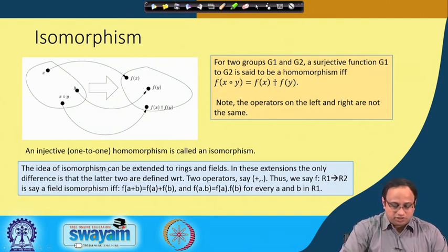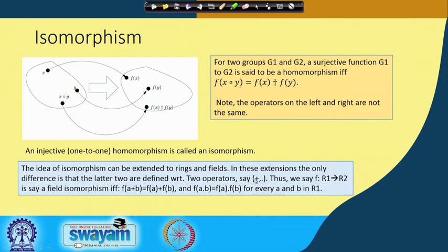Okay. Now, the idea of isomorphism can be extended from groups to rings and fields. In this extension, the only difference is that you have two operations rather than one. Suppose your operators are plus and dot, then we say that the mapping from R1 to R2 is a field isomorphism if and only if f of a plus b is equal to f of a plus f of b, and f of a dot b is equal to f of a dot f of b.